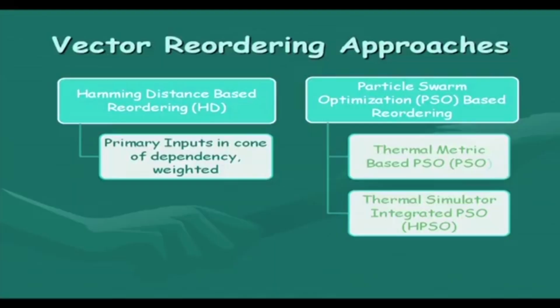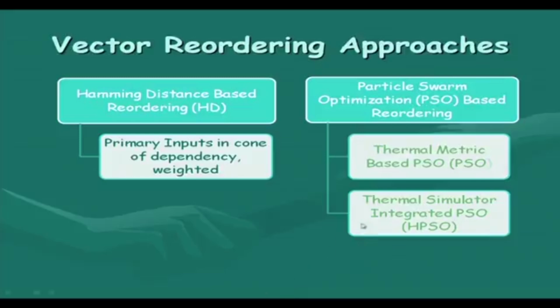And then there is particle swarm optimization. The work that is reported does two different things. First, it uses some sort of metric to model the thermal behavior of the circuit, and the next one directly integrates the thermal simulator into the optimization.